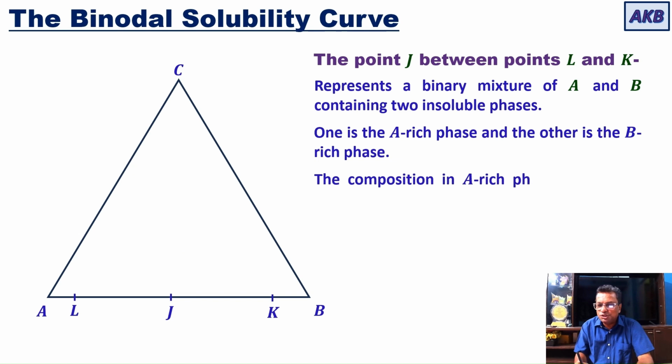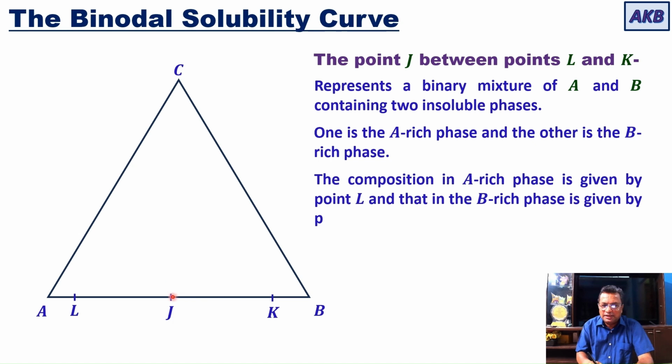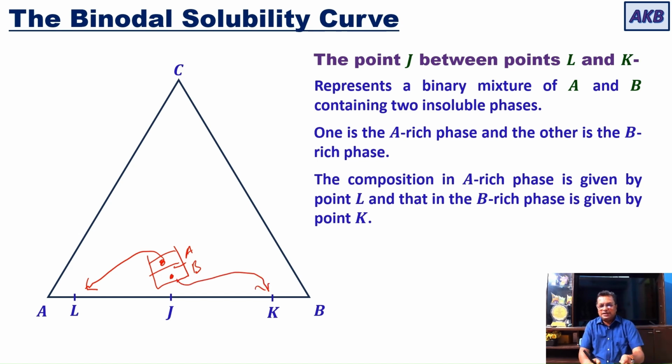The composition in the A-rich phase is given by point L, and the composition in the B-rich phase is given by point K. So point J represents a two-phase mixture, A-rich phase and B-rich phase.